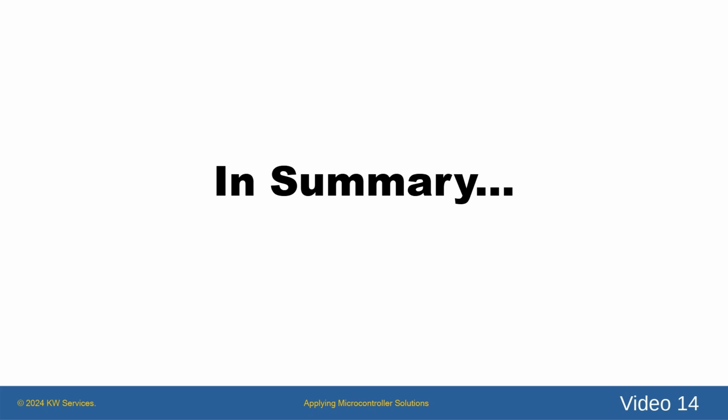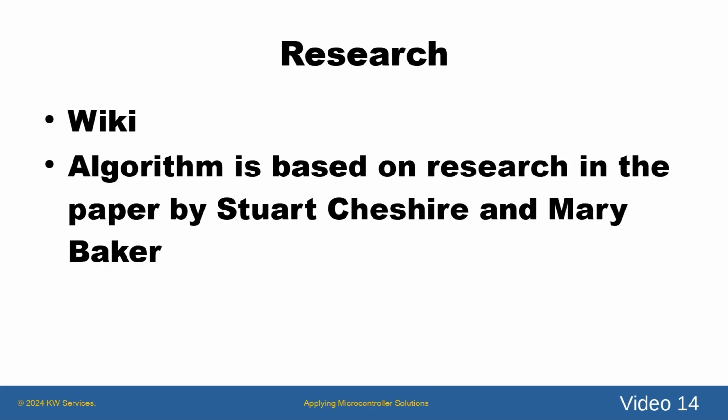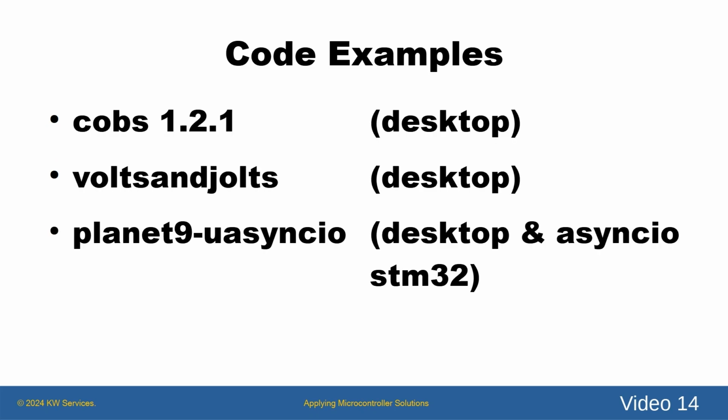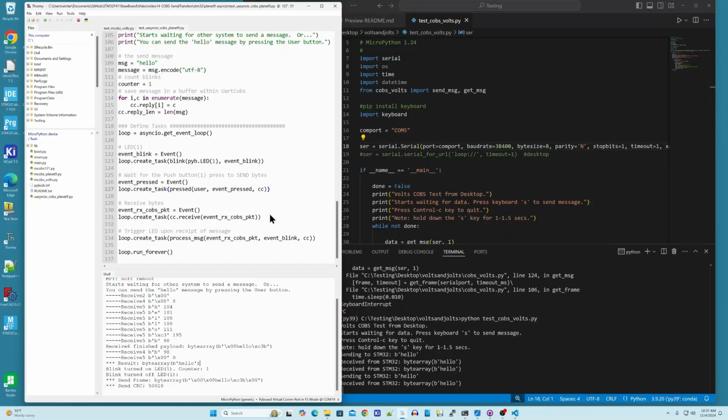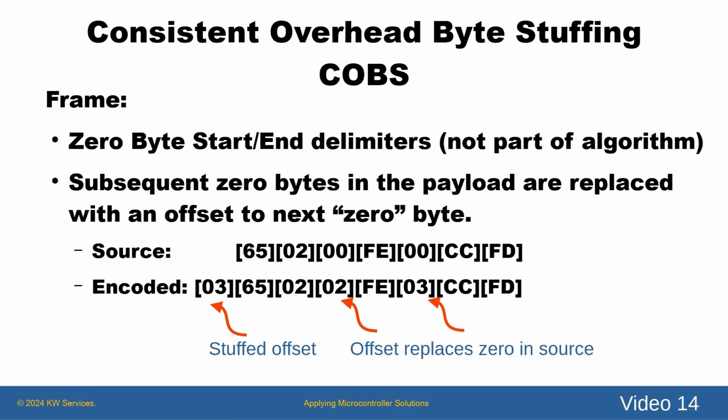Well, in summary, we researched the COBS algorithm. We migrated the 3 different program examples that we found and created both desktop and STM32 drivers for the encoder and decoder functions. Then we migrated the 2 blogged examples to the desktop and to STM32, making sure that the encode-decode functions are working correctly.